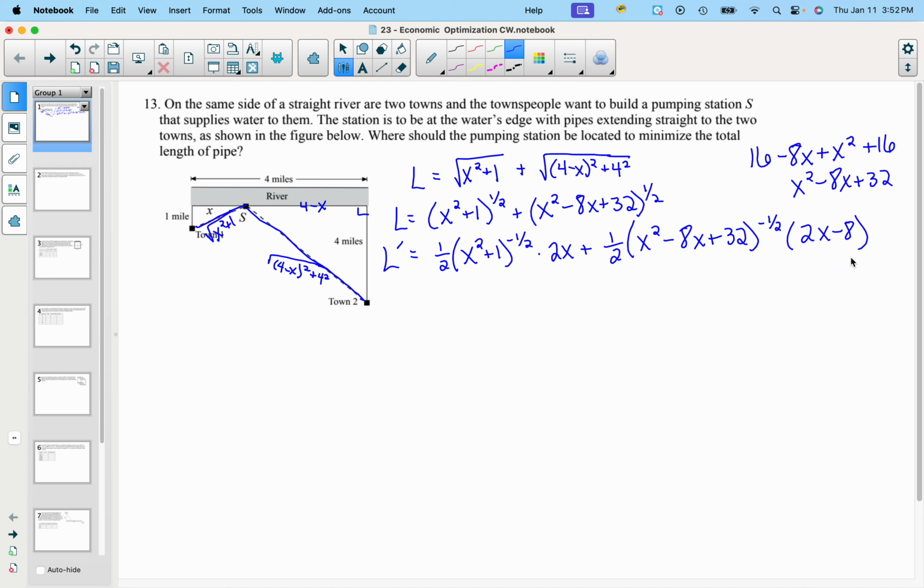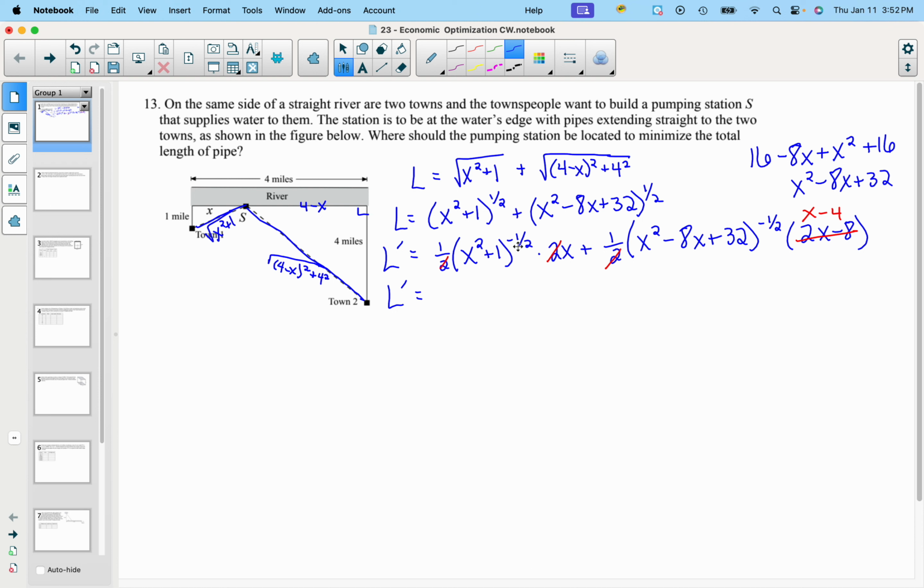Once again, kind of a mess. So what can we do to simplify that? Well, this 2 cancels with this 2, but that's about all I can do there. And notice that I can factor a 2 out of the 2x minus 8 and then cancel it with this 2 down here. So I'm going to cancel that, and then this is going to be an x minus 4 instead.